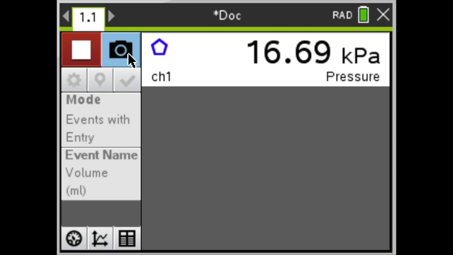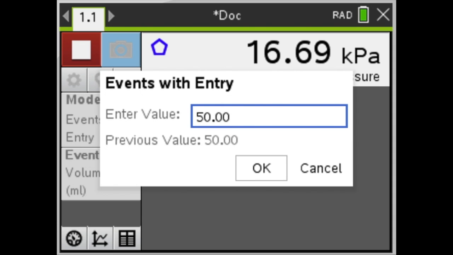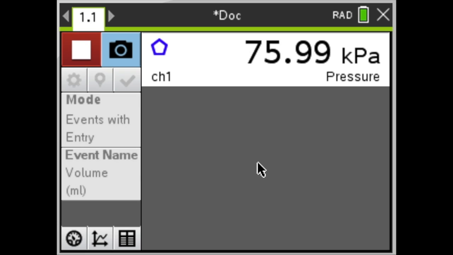Okay, there's 60. And so we'll take that reading. Okay. So I'm done with my data collection.